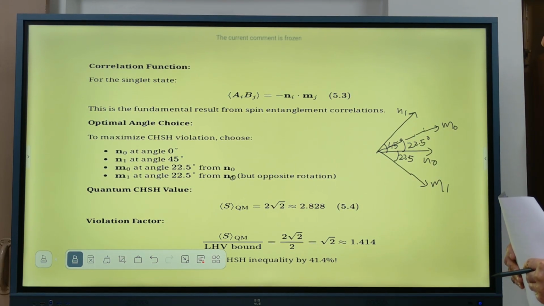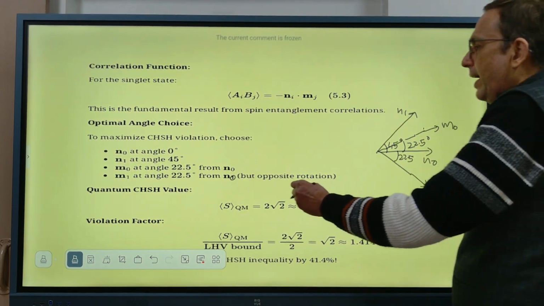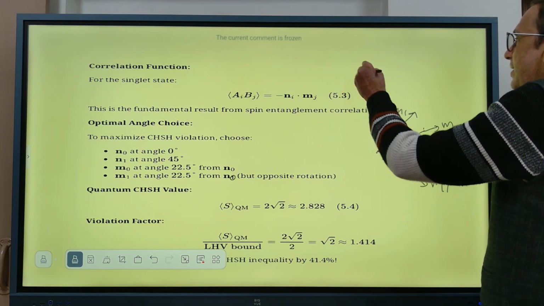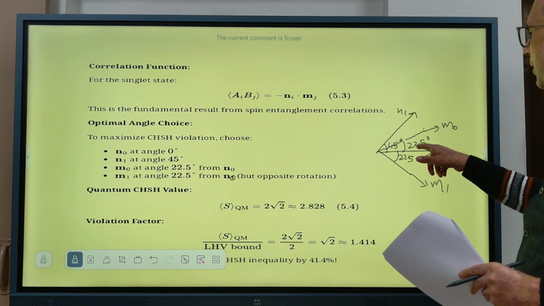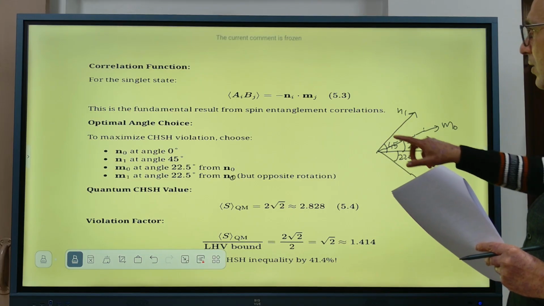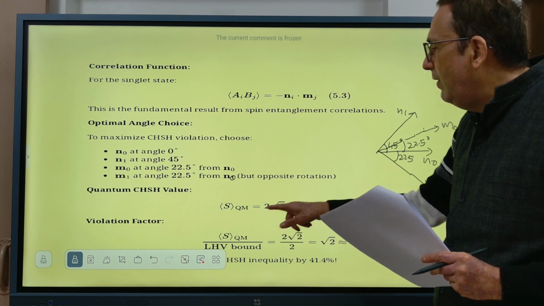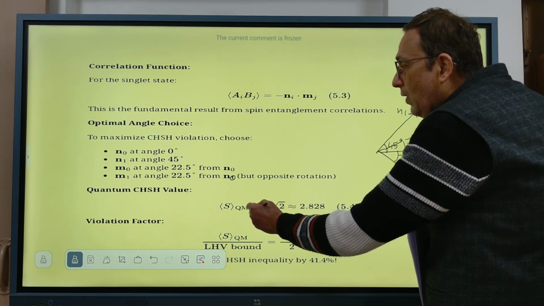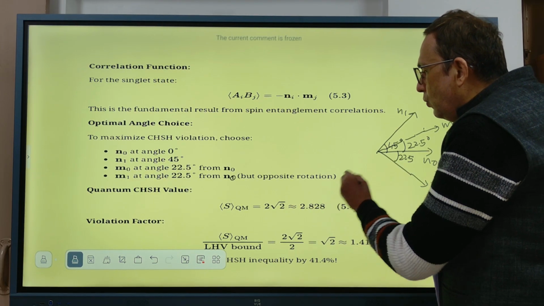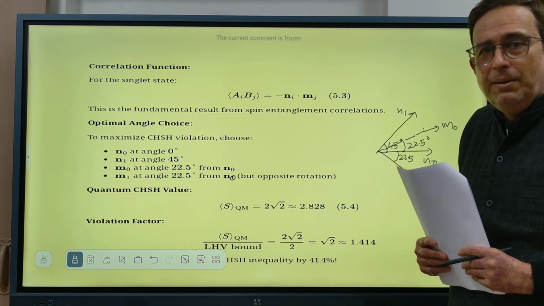Okay, so then if you do the calculation, you will find the expectation value of S. You just have to take the cos values, cos 45, cos 22.5 and cos 67.5, put them together and calculate the value of S. Then you will find the expectation value of S is 2 root 2, which is 2.828. This is the expectation value that we find from the quantum mechanical predictions.